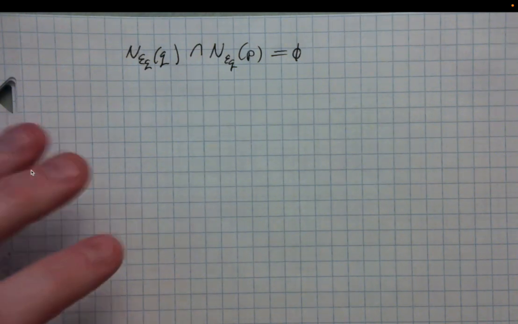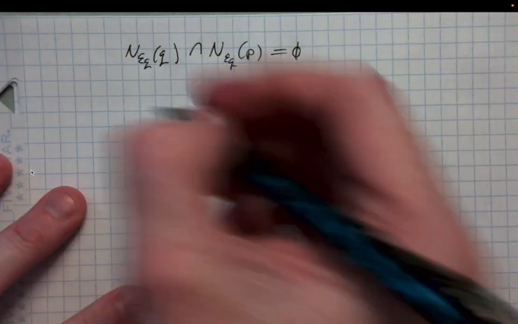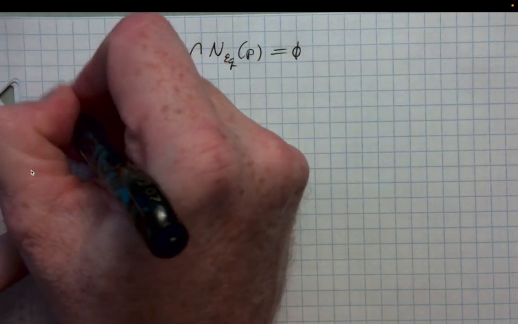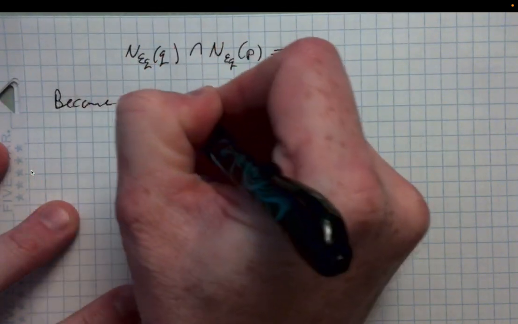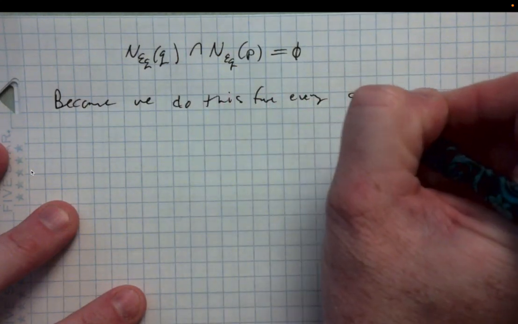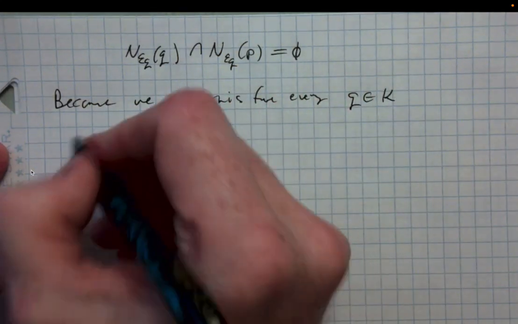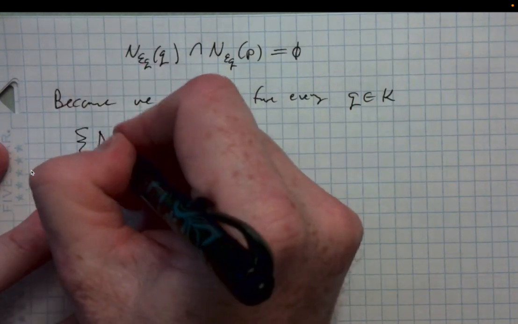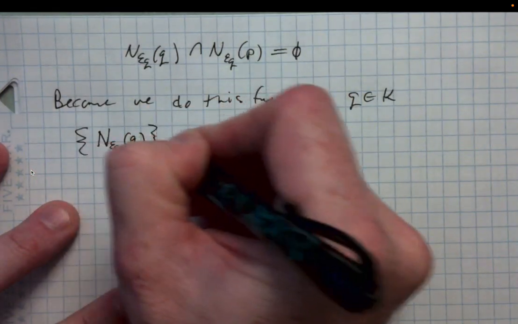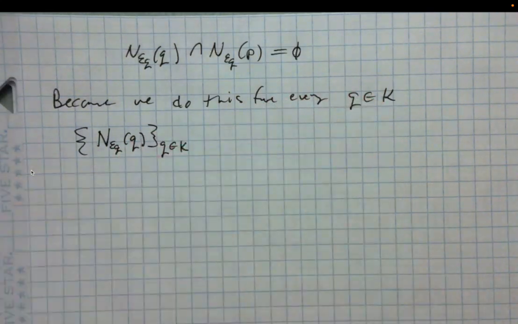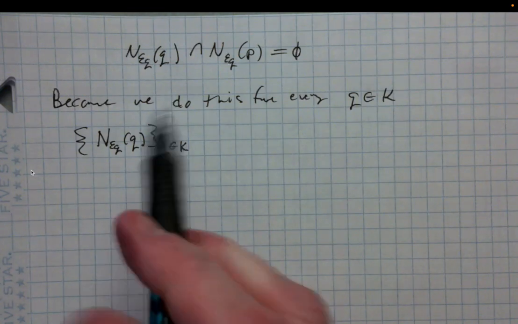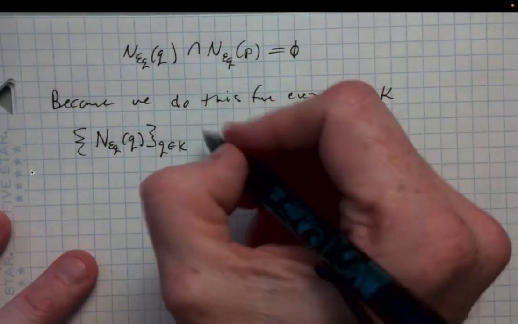Well, what we can say then is that because we do this for every Q in K, this collection of epsilon Q neighborhoods of Q such that Q is in K, remember, all of the Q's are just all the points in K, this thing here must be an open cover of K.